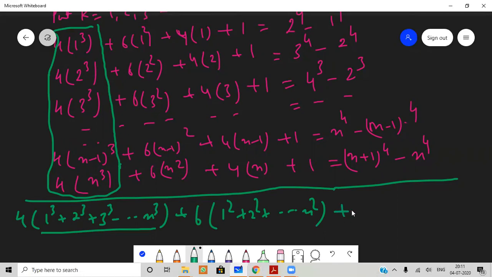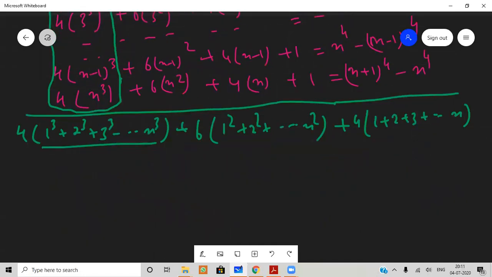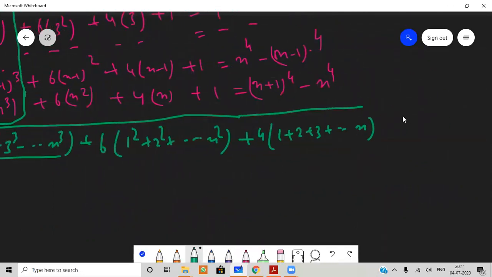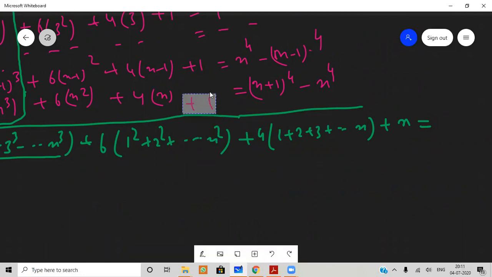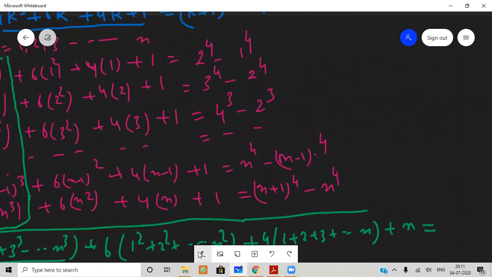The next term I get is 4 times sigma n, that is 1 plus 2 plus 3 up to n. And I have one more term: this is 1 added n times, which gives me n. Plus n is equal to, let's see what we get on the right hand side after the equal sign. Consider this carefully. What do you get?